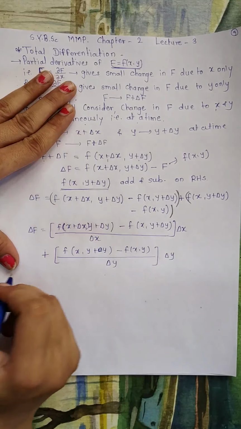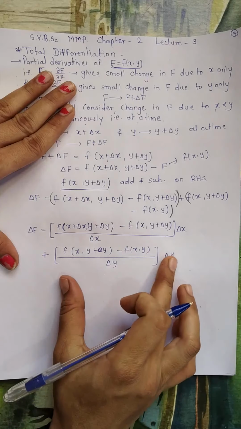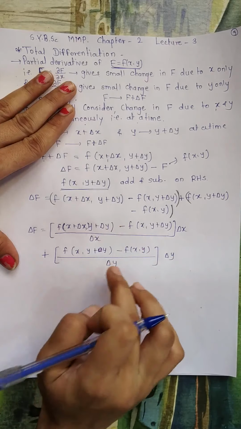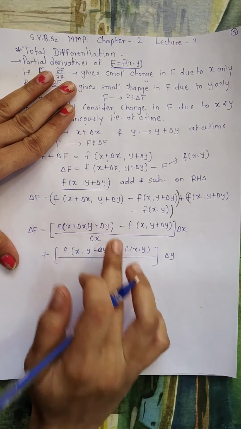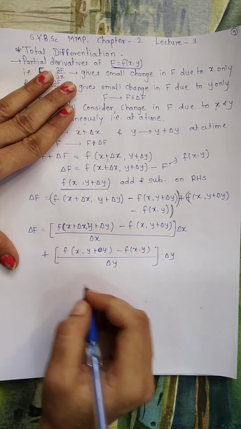Okay. So here, instead of these two terms, now we will consider delta x and delta y to be extremely small.